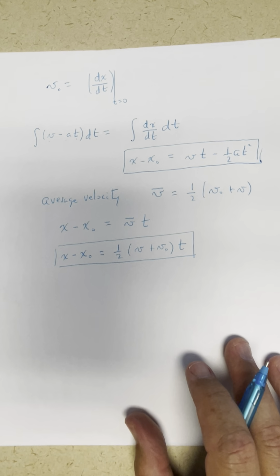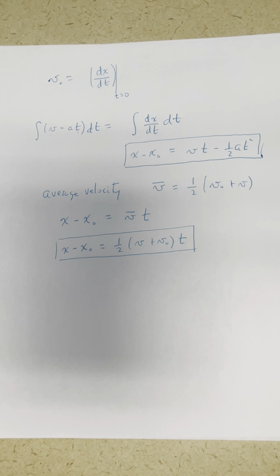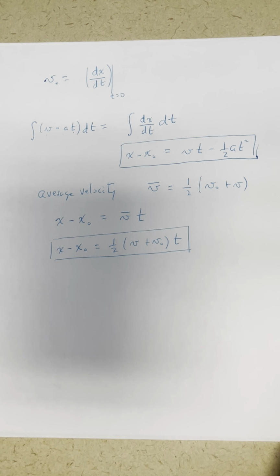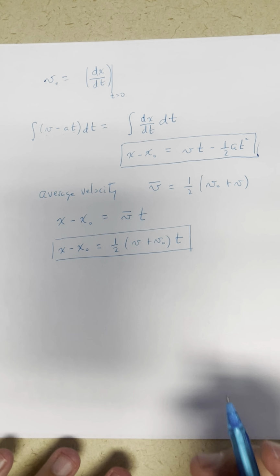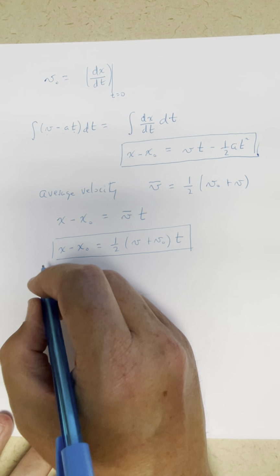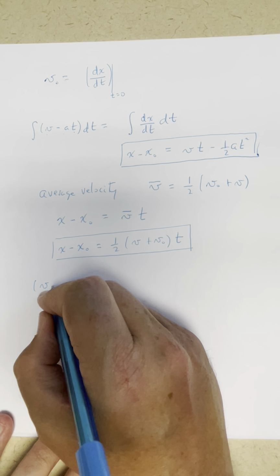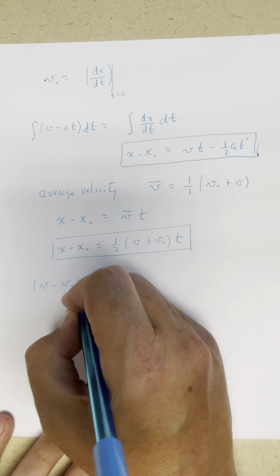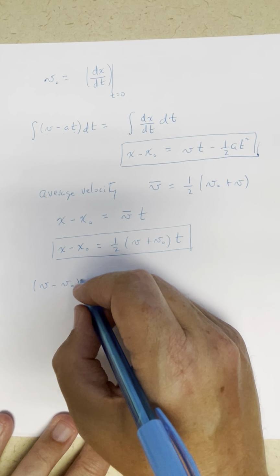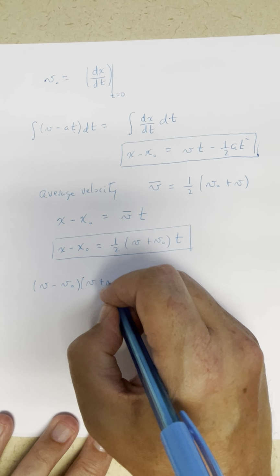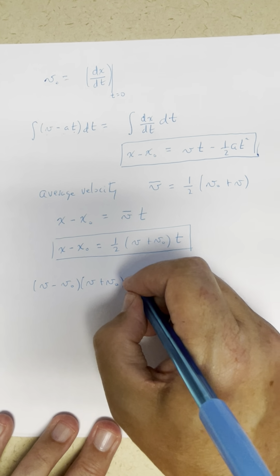All right, there's one more equation of kinematics, and this is the one I think is actually generally the most useful thing to pull out of your hat and apply in a problem, because it does not involve time at all. So it looks a little weird, but we're going to just start with this construction to get our last equation of kinematics. Final minus initial velocity times final plus initial velocity.